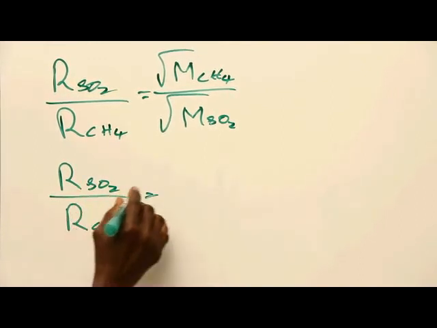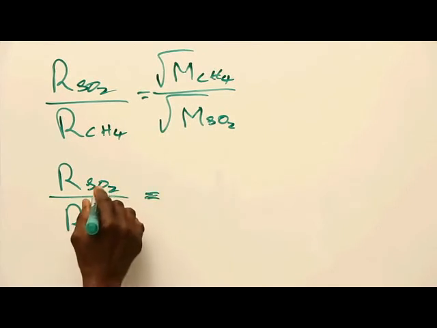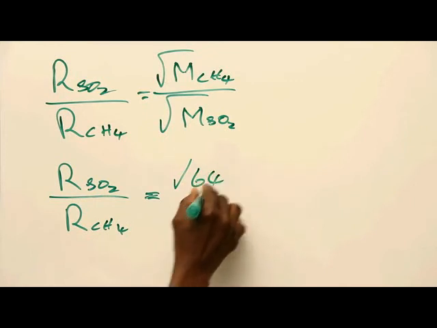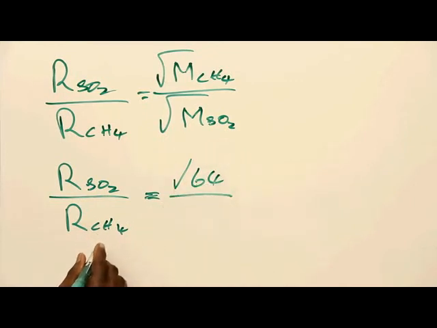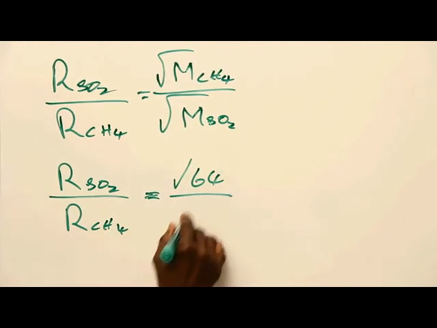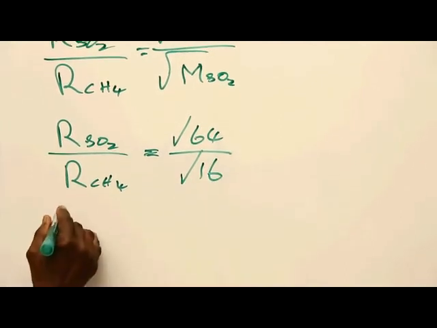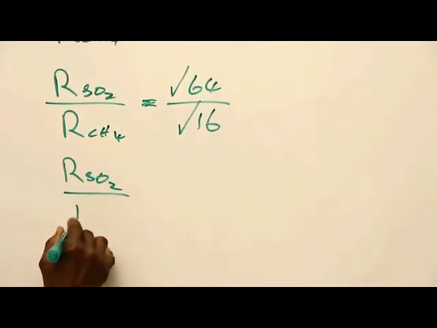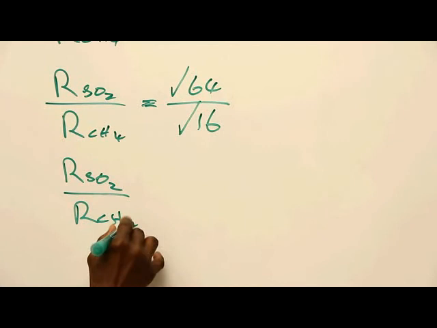Now, the molecular mass of sulfur 4 oxide is 32 plus 32, that is 64. And the relative molecular mass of methane is 12 plus 4, that is 16.